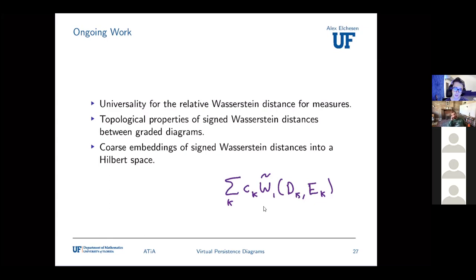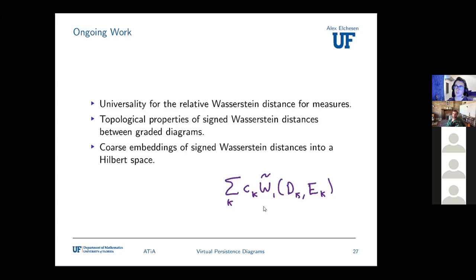Also along those lines, maybe you might be able to coarsely embed signed Wasserstein distances into Hilbert spaces in some way analogous to this, where we choose some weightings. That's interesting because Alex Wagner proved that there's no coarse embedding for p greater than 2 of the space of diagrams equipped with the p-Wasserstein distances into a Hilbert space. So I think the question is open for p between 1 and 2.